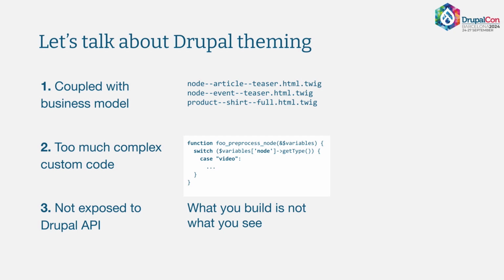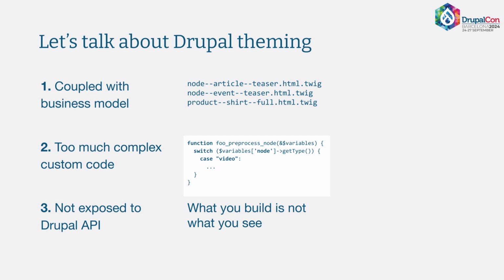So we think that the problem of theming right now is that there are three reasons we have to address to have more themes in Drupal. The first problem is that templates are coupled with the business model.